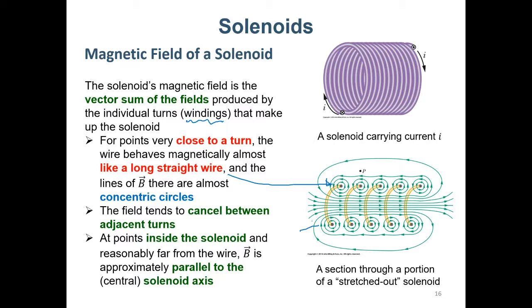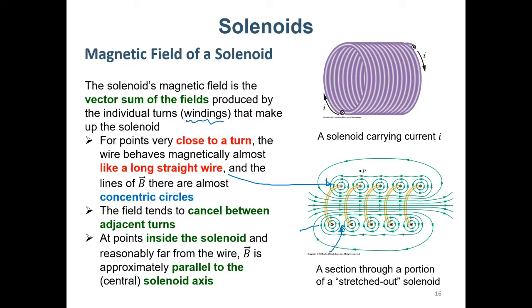The field tends to cancel between adjacent turns, which means at this gap this is almost zero, because according to what we mentioned for the magnetic field lines, if it is dense, the magnetic field is strong. If it is not so dense, the magnetic field is weak here.